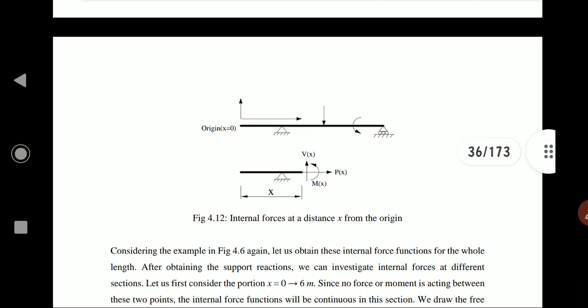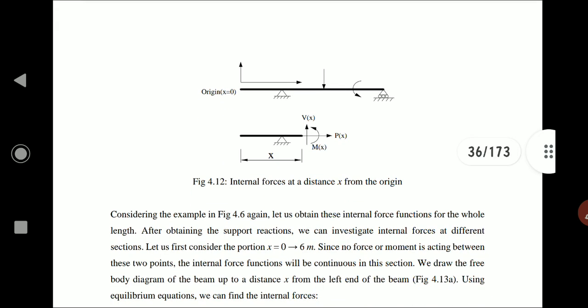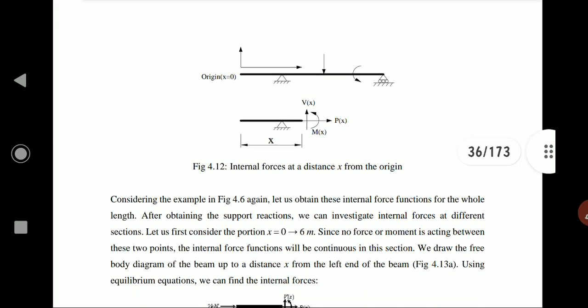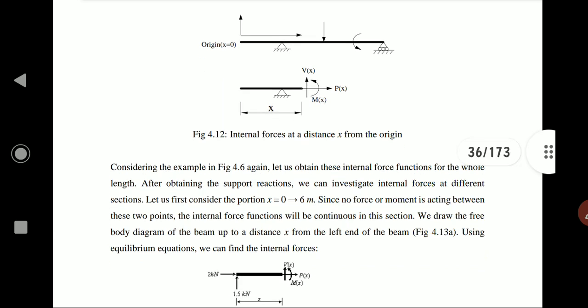So here is our beam. We're having a pin and the roller. The origin x is equal to 0. So if we cut a section at a distance x, V(x), since it is on the right, our shear force would be facing up.